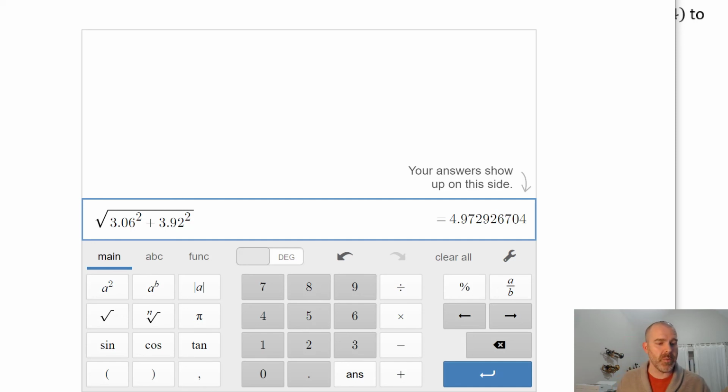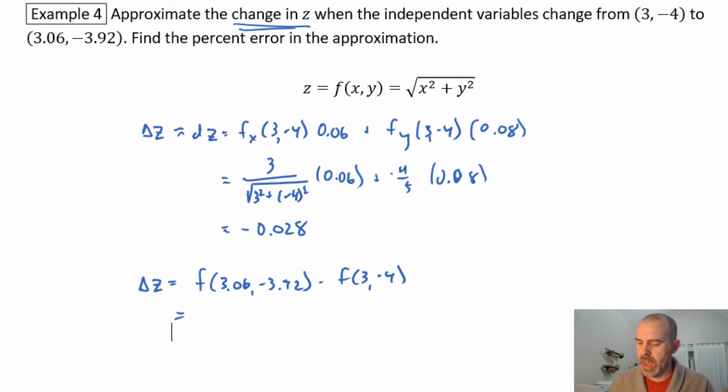Anyway, so it's even closer than we thought. So 4.973, very close to the approximate change in the tangent plane. And we subtract the function value at (3, -4), which is 5. So we get -0.027. Look at that, so close. We'll say this is still approximately equal to -0.027. So very, very close. The change in the differential is almost the same as the actual change in the function.